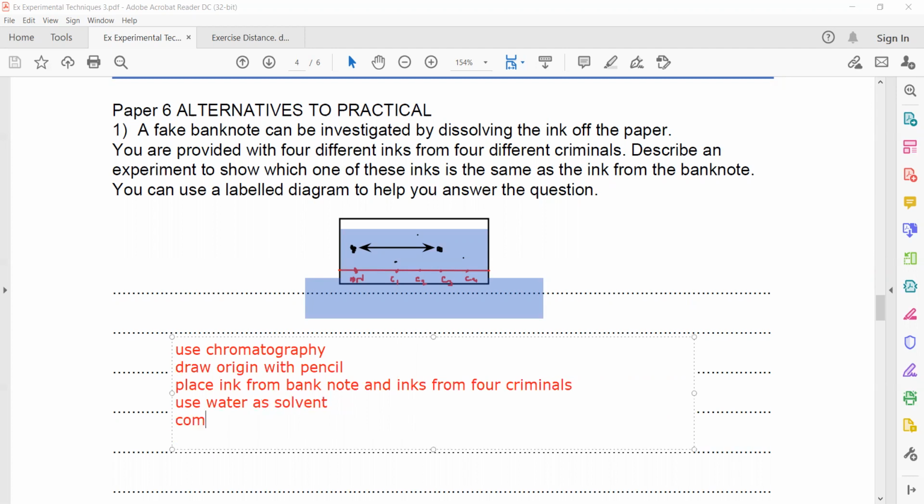Then we will compare the height of ink from the banknote with the criminal samples.